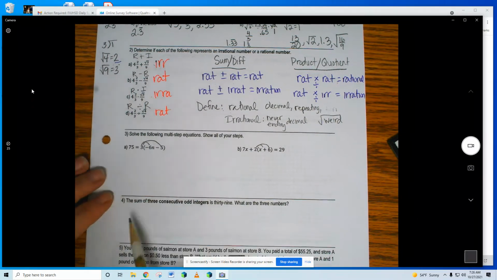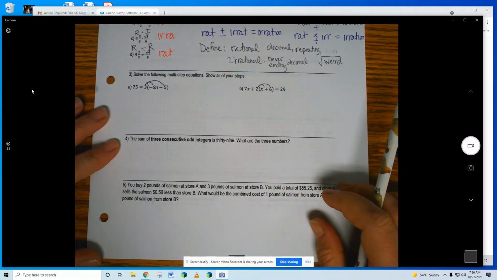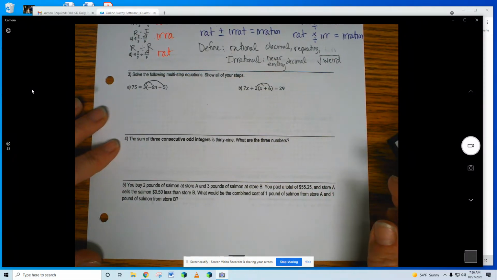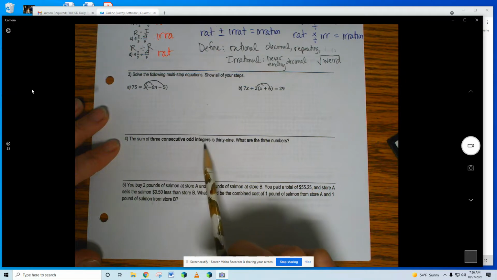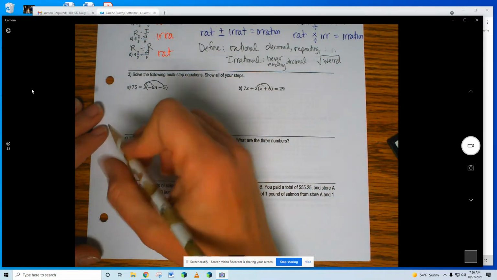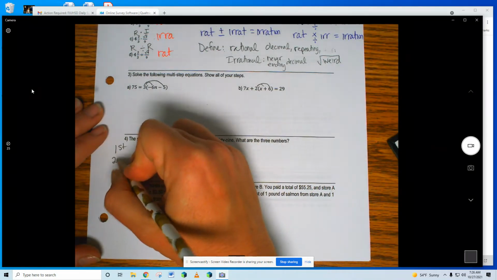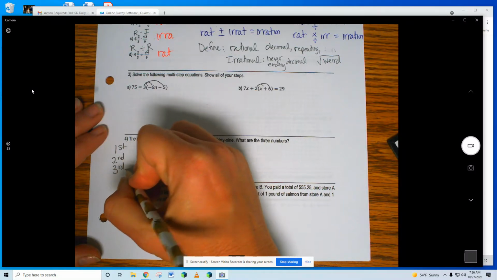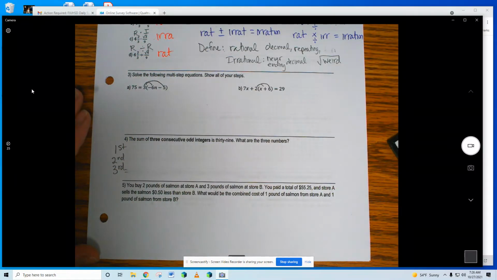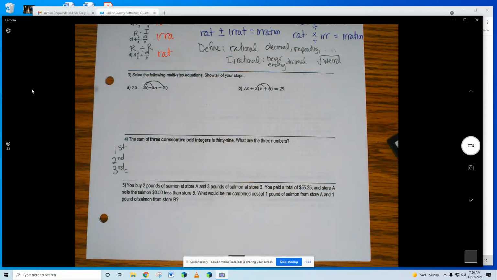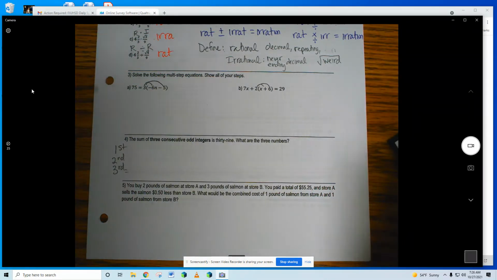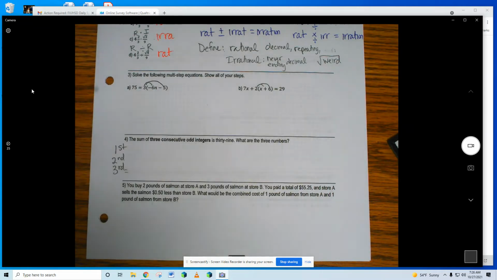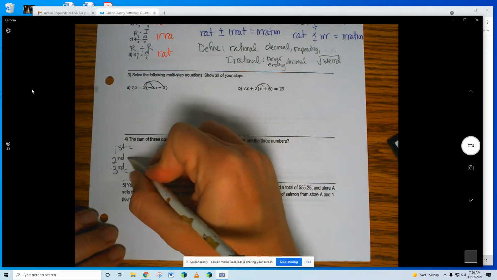Let's do number 4. The sum of 3 consecutive odd integers is 39. So I'm going to do the first number, second number, and third number. Odd. How do I define odd numbers?